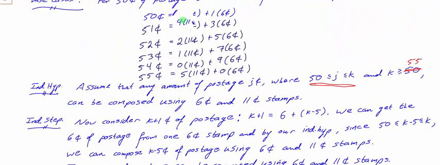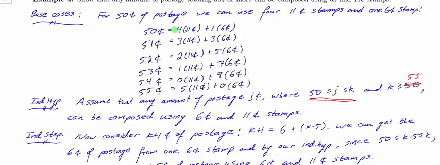So showing that from 50 cents, we have at least one 11-cent stamp. So from 50 cents through 54 cents, we fall into either of those two cases that we've mentioned. We either have at least one 11-cent stamp, or we have at least 9 6-cent stamps in that composition.